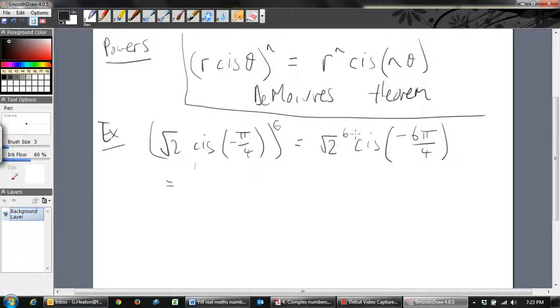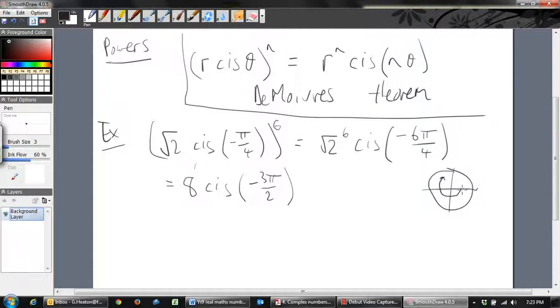Let's sort this out. What's root 2 to the power 6? Well, that's 2 to the power 3, so 2 times 2 times 2 is 8, so 8 cis, let's simplify this, that'll be negative 3 pi over 2. And is negative 3 pi on 2 within our range for an argument? Negative 3 pi on 2 is all the way around here, so no, that is not within our range.